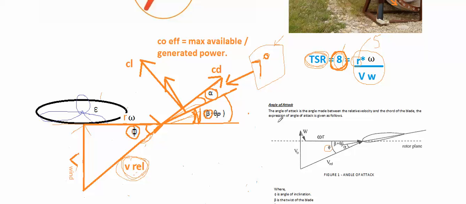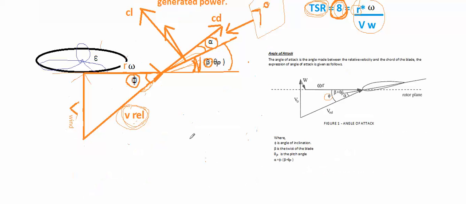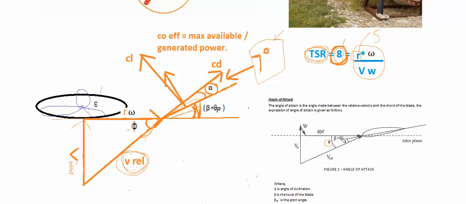So for example, imagine the tip speed ratio is 10. Now what's going to happen is something like this. The best way to understand is, just imagine we have designed this blade element for a tip speed ratio of 8.